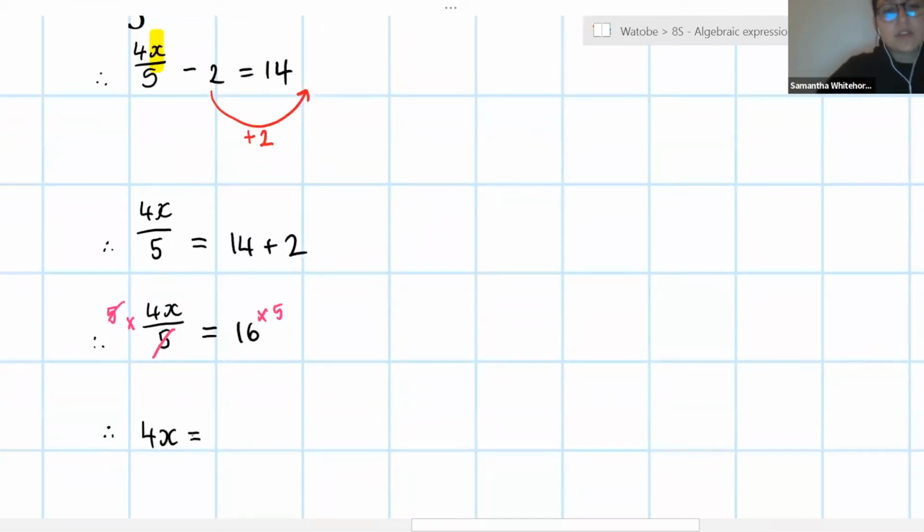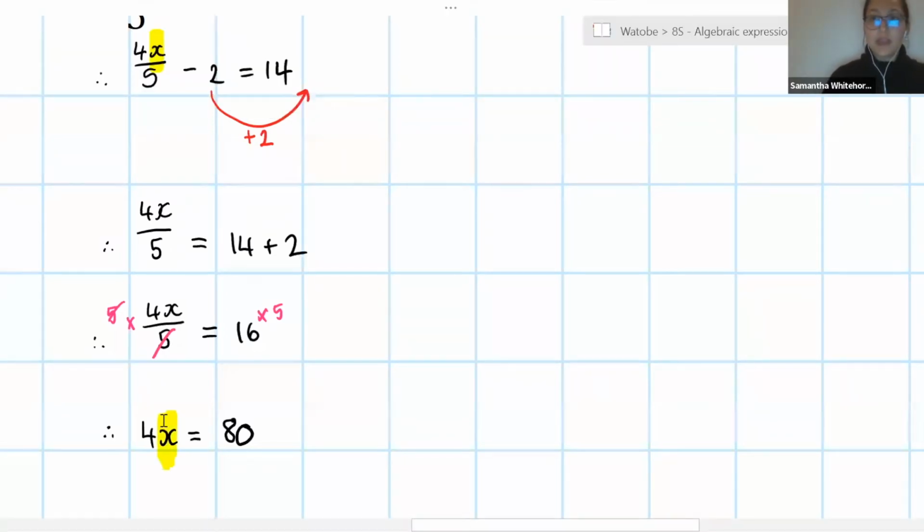Can any brave soul tell me what 16 times 5 is in the chat, or raise your hand? What is 16 times 5? Nice, guys. Awesome. Well done. 16 times 5 is 80. The next thing I now need to deal with is that 4, because remember, what I want is x alone.